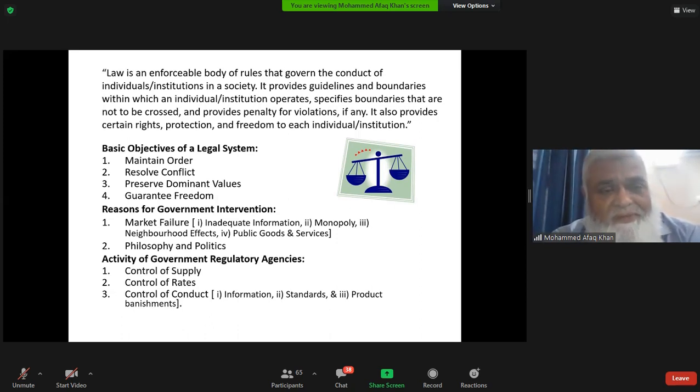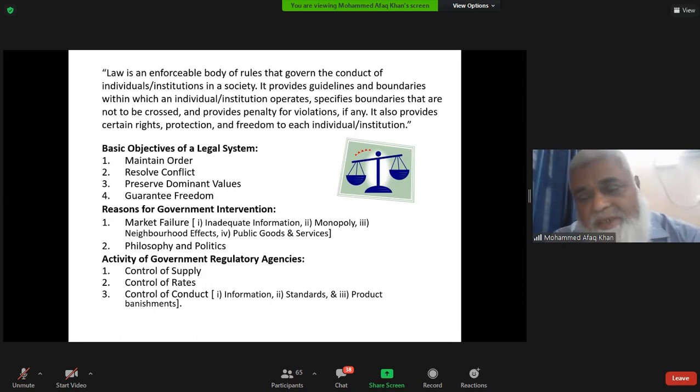In the slide, we have given you the basic objectives of the legal system. First is maintain order. Order has to be maintained, and in order to ensure the maintenance of order, rules are necessary.